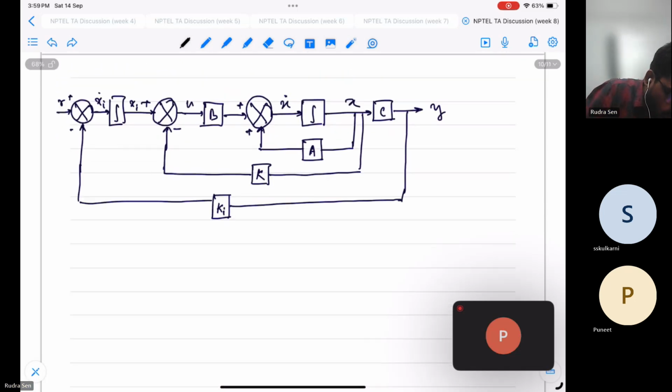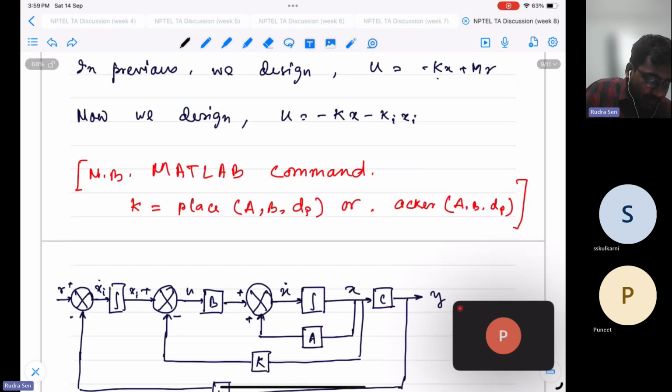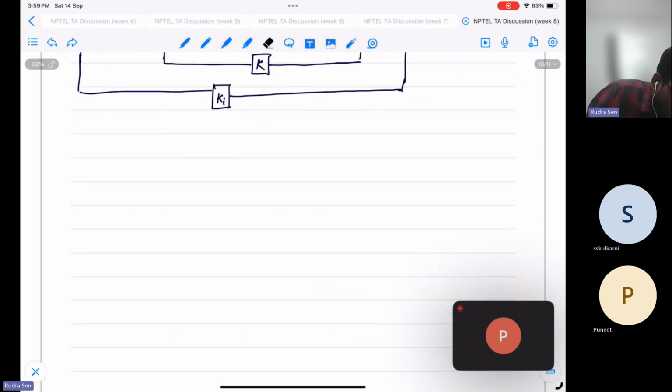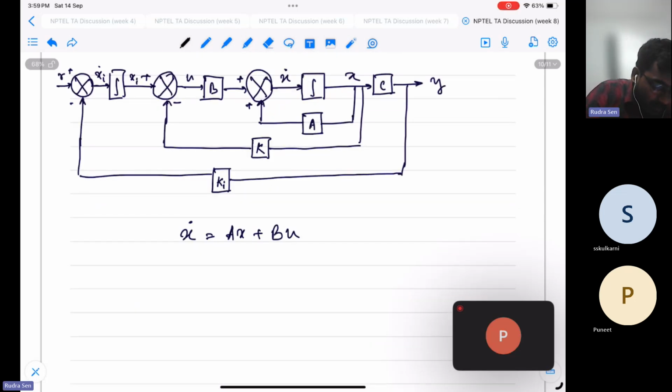So now we have two systems. The first system is x dot equals ax plus bu, and the second system is xi dot equals r minus k. I made a mistake, sorry. It is directly y.